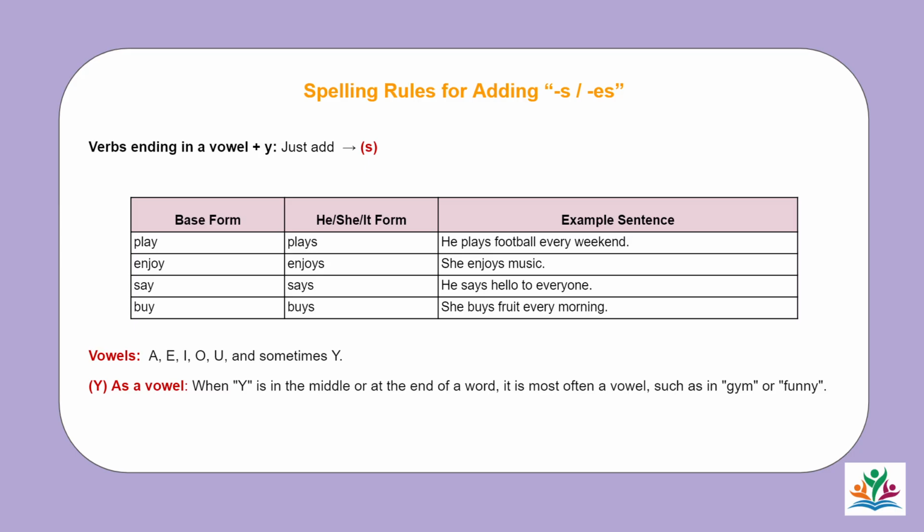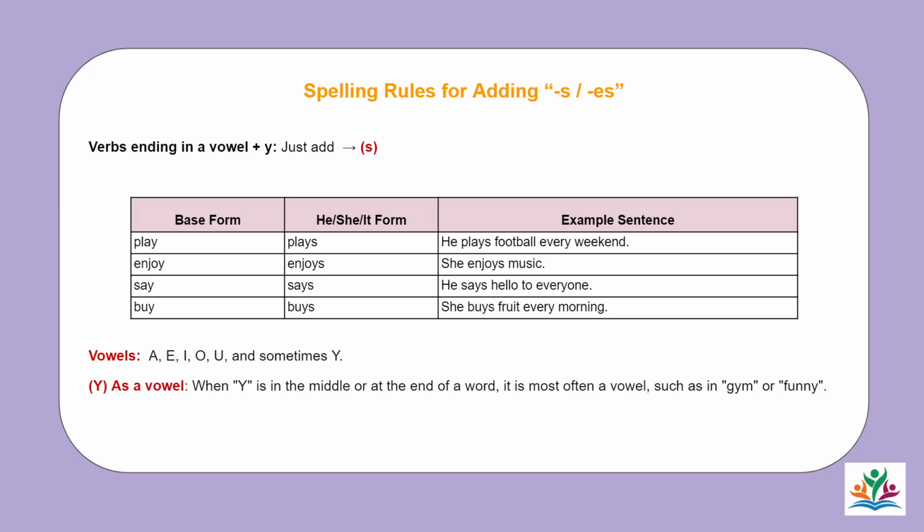So going back to our table for examples, we have the verb play. It ends with a vowel a and y. So we don't have to change anything. You just need to add an s for the he, she, and it form. For example, he plays football every weekend.